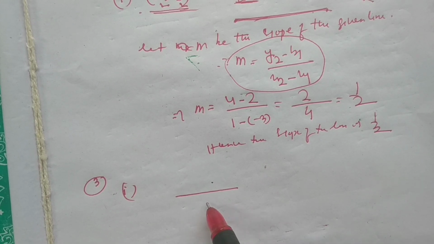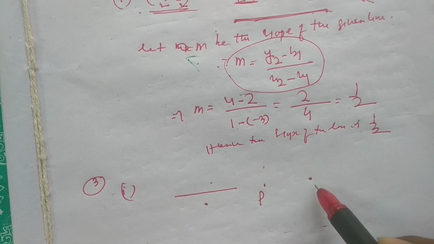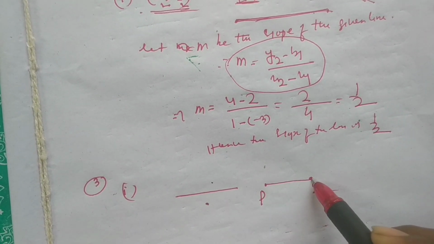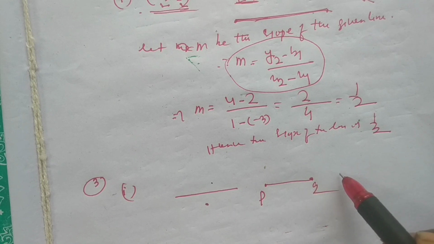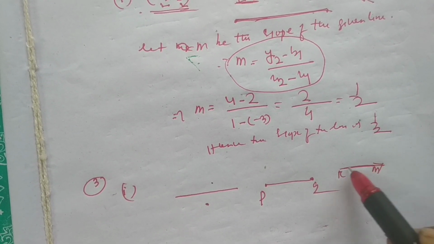Here one point is P, another is Q, and the other line has points R and M.